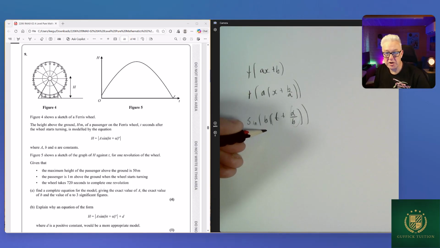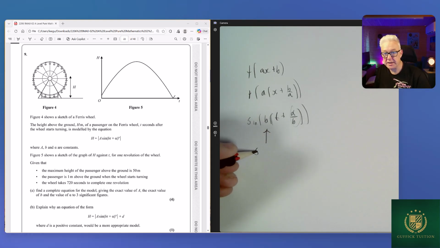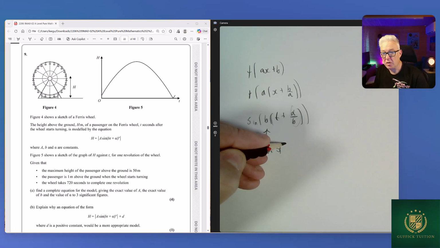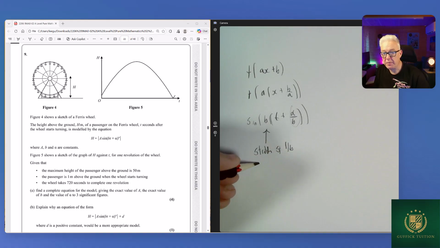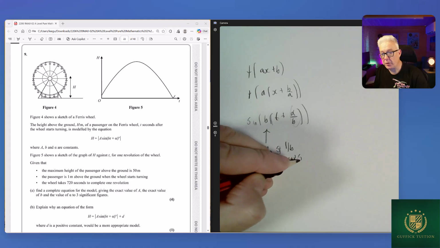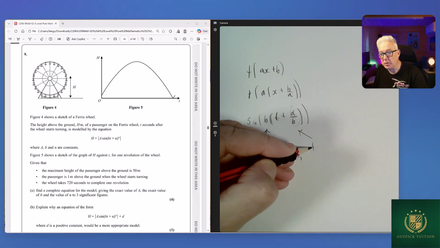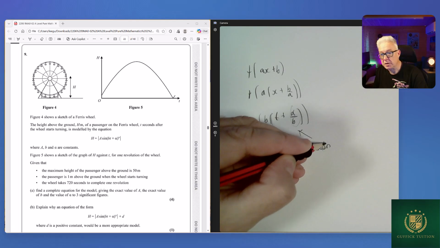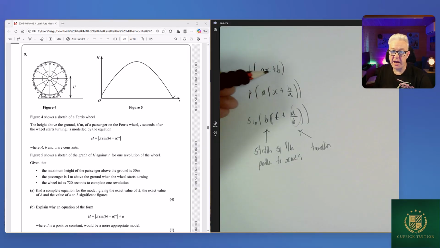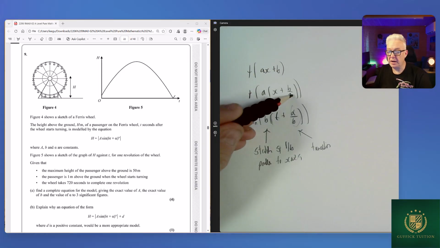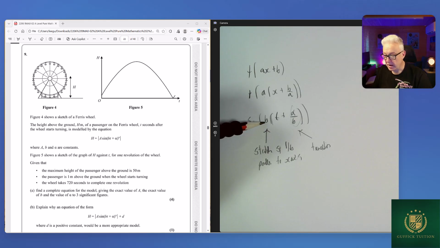Now, when you've got a transformation like this, this one happens first, and it's a stretch by scale factor 1 over b parallel to the x-axis. So that one happens first, and then secondly, we have this translation. So when you have a function that's of this type, f of ax add b, you take the a out, write it like that, and then this stretch happens first, and then this translation happens second.